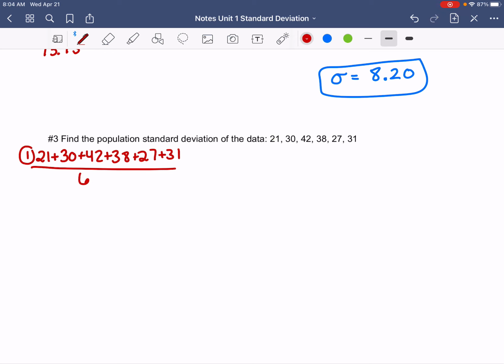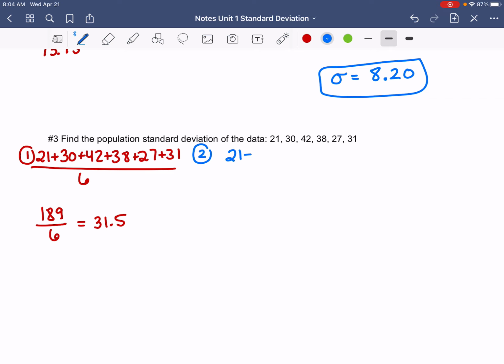So in my calculator, I add those up. I already have it calculated earlier, so it's 189 divided by 6, which is 31.5. So got another decimal one. When they're decimals, it makes it a little bit harder, but we just use our calculator. All right, step 2, we're going to go ahead and subtract.